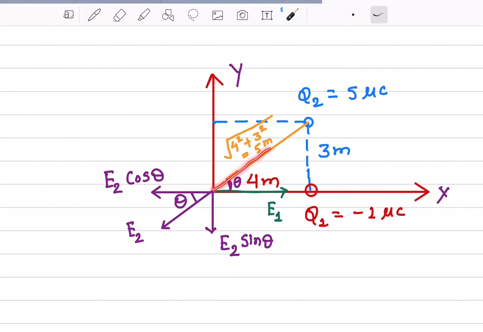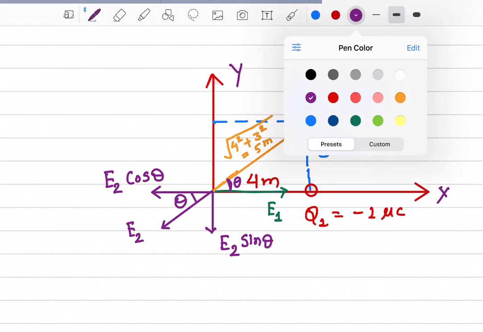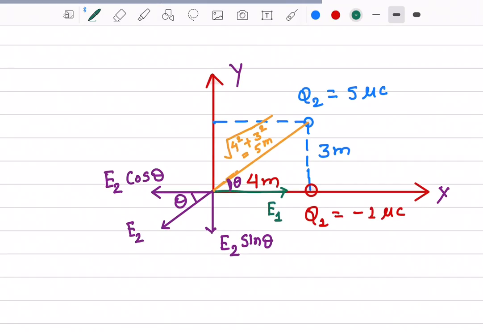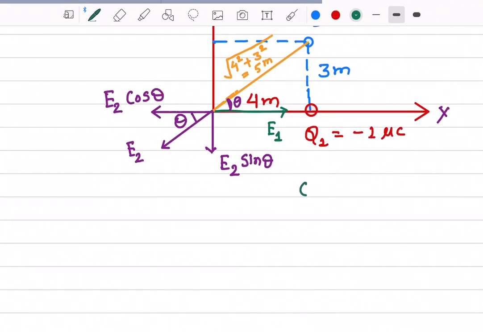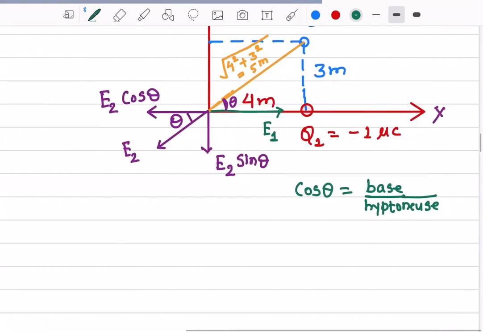Now let's find out all the values. But we need to know the angle theta as well. How do we find the angle? If we look into this triangle here, cosine theta is base over hypotenuse.